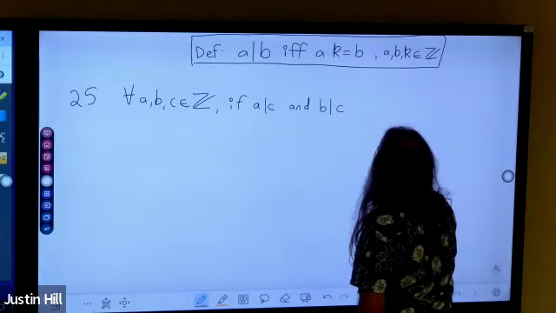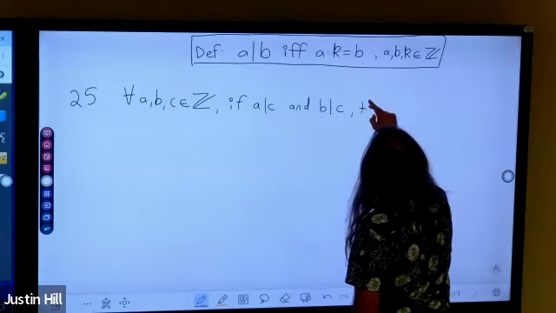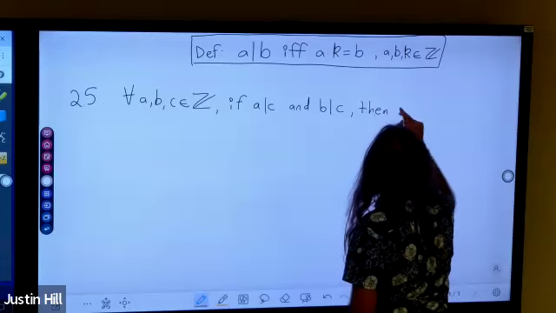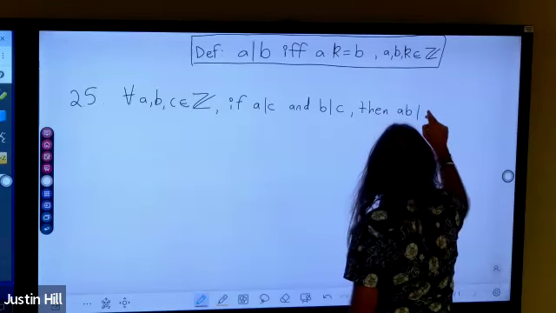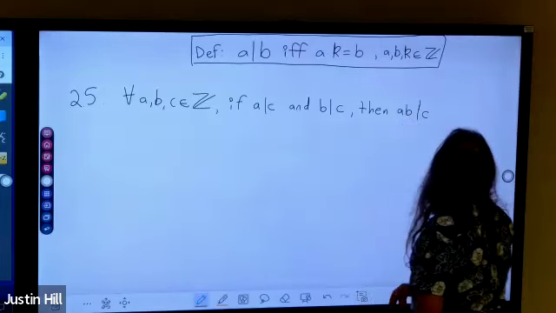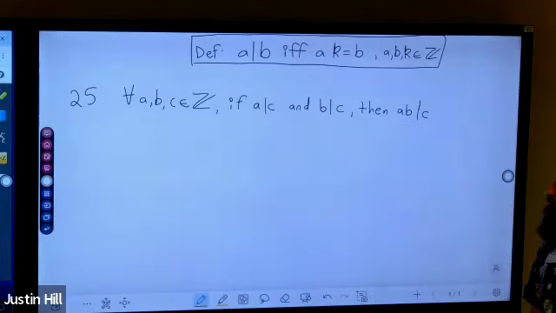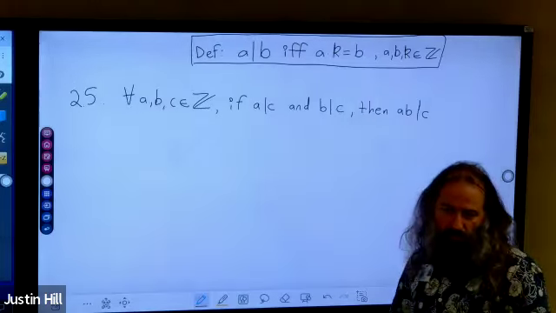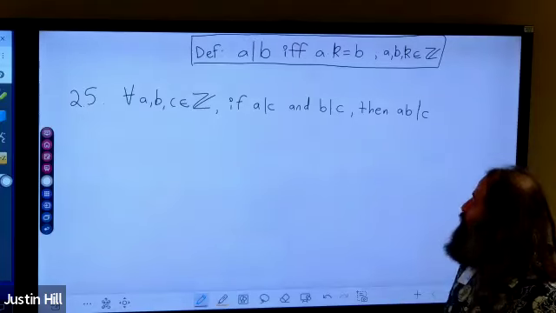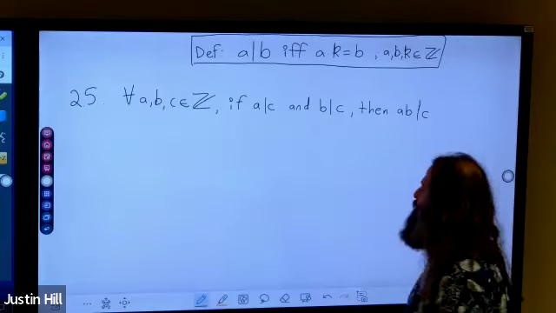So A divides C and B divides C, then AB divides C. Their product divides C. And so my first thought is maybe this is true. So let's try to prove it.